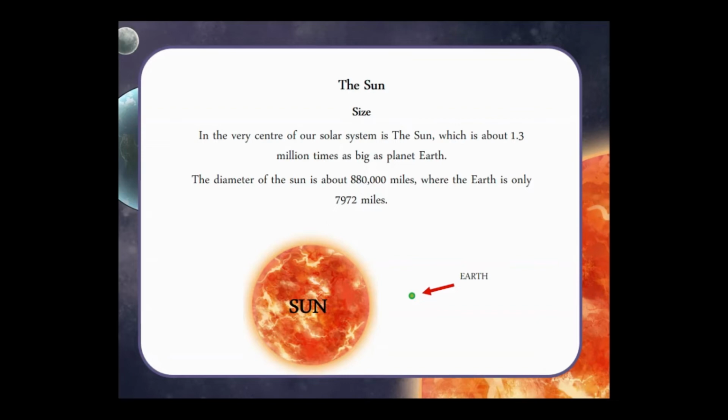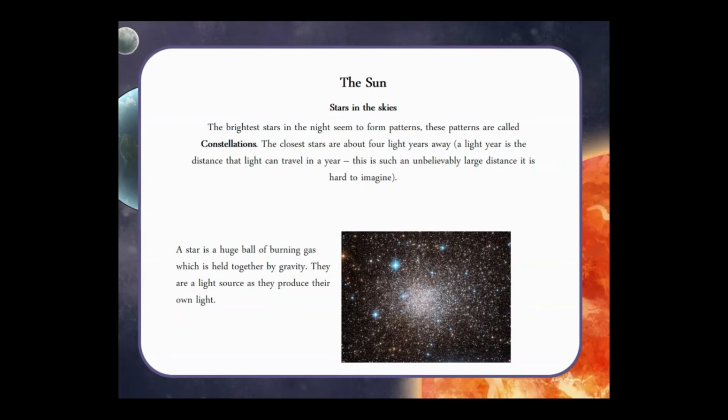The Sun is so much bigger than Earth that it's 1.3 million times bigger than Earth. Okay? And for sure the Sun is only one star among other stars, and we can see other stars but as small bright dots in the sky, because the closest stars are about 4 light years away from us.